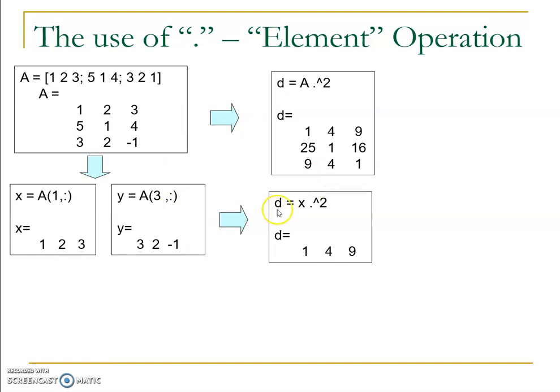Similarly, let's write D is equal to x dot power of 2, which says I have to get the power of the x matrix with the power of 2, element by element as there's a dot here. So 1 square is 1, 2 square is 4 and 3 square is 9.